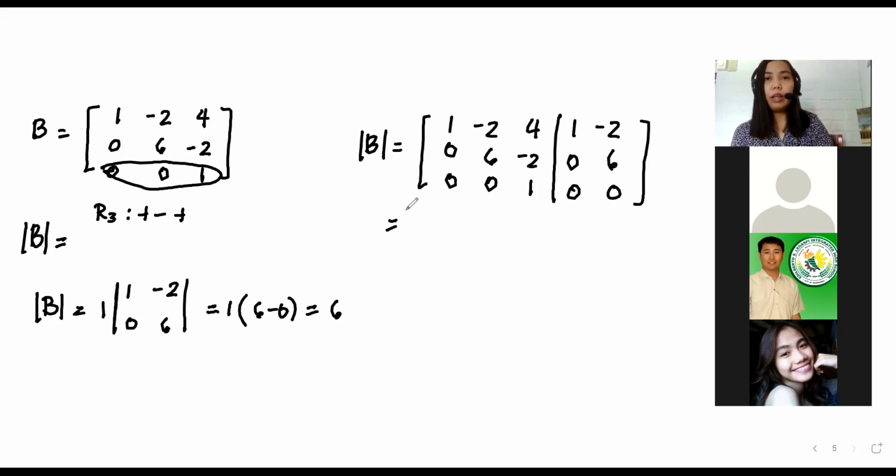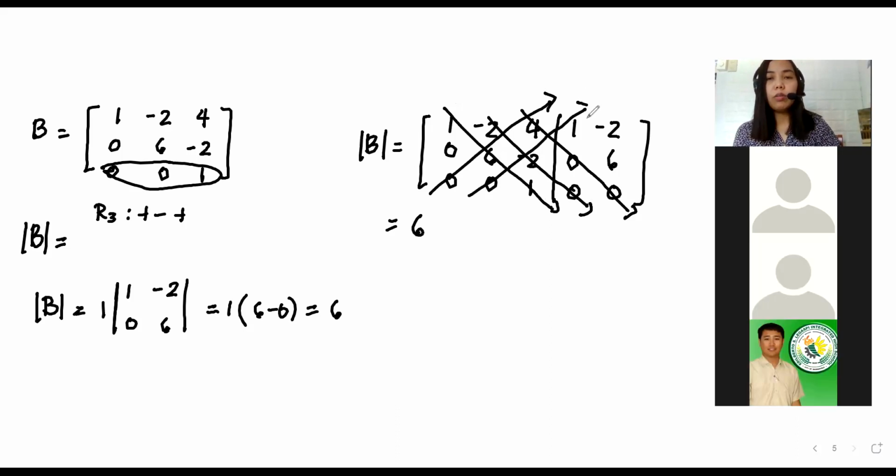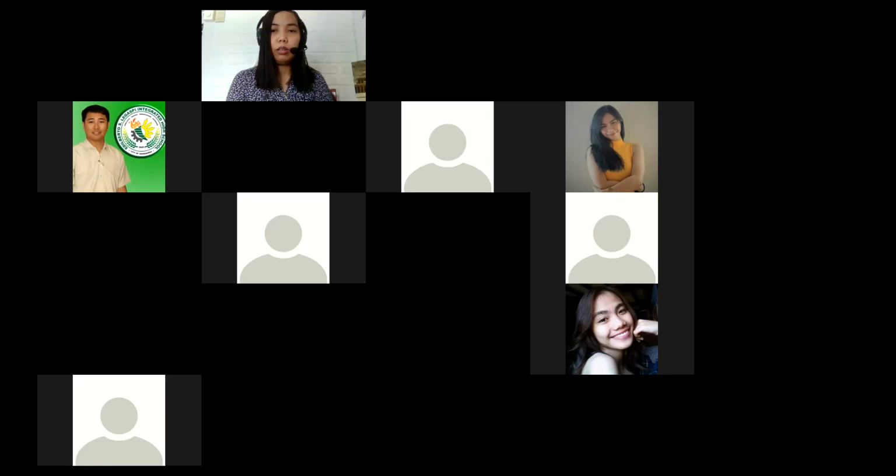Then multiply the principal diagonal. This is 6. This is 0. This is also 0. This is 0. This is 0. This is also 0. So this is the determinant, 6. It's just the same. Okay? Can you follow? Yes, ma'am. Okay, next.